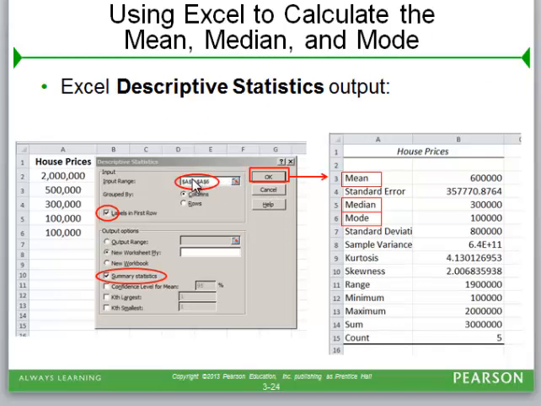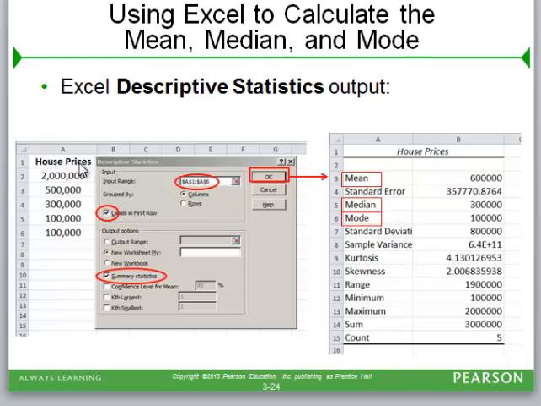Then put the selected data in the input range. In this example, the input range is A1 to A6, including the house prices label, that's why you click Labels in first row.